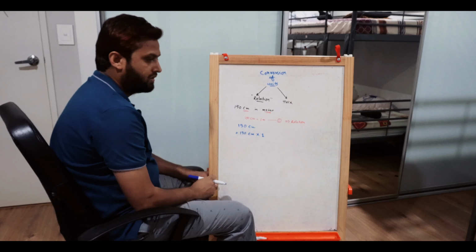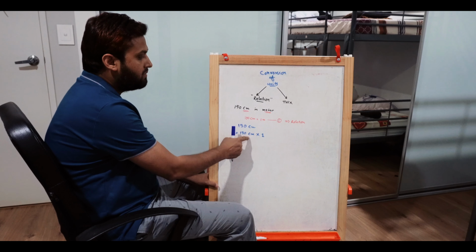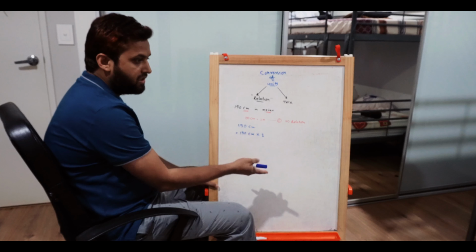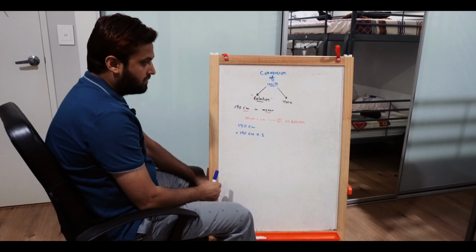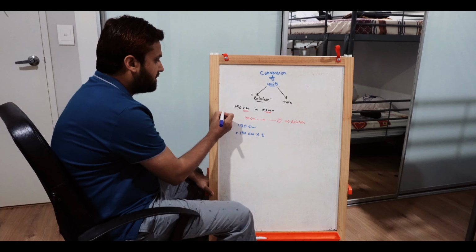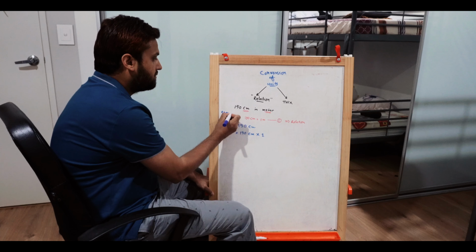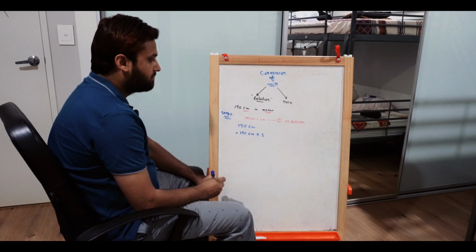This is the 1 which will change your unit. You have to change this centimeter into meter, right? So you have to find a number 1 from the relation. This is step 1: you come up with the relationship.